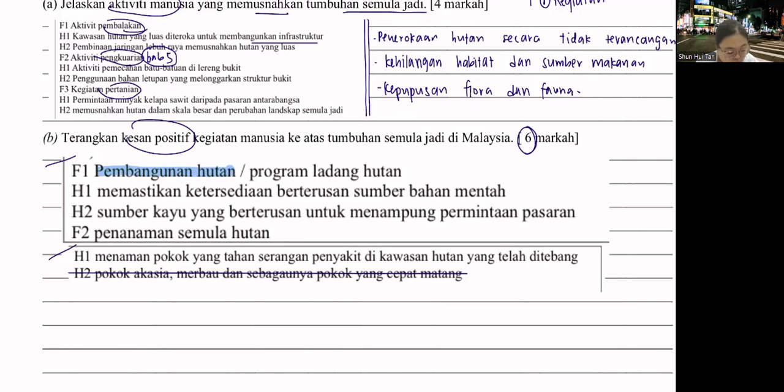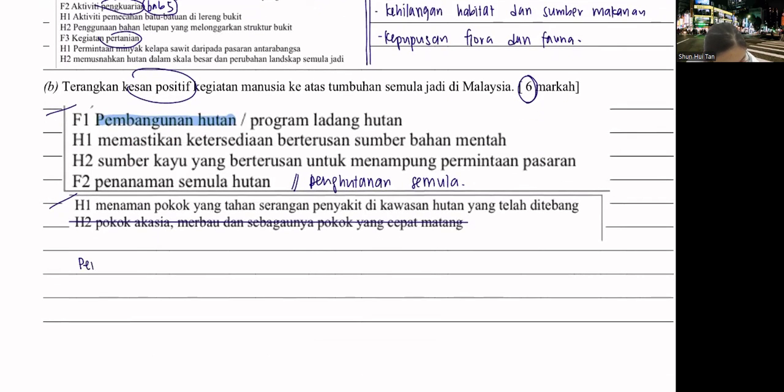And then selain itu, penanaman semula hutan atau perhutanan semula, or penghutanan semula. In your textbook they use the word penghutanan semula. You can say iaitu menanam pokok yang tahan serangan penyakit di hutan yang telah ditebang. Okay? And if you want to go further, you can say untuk memulihara hutan.